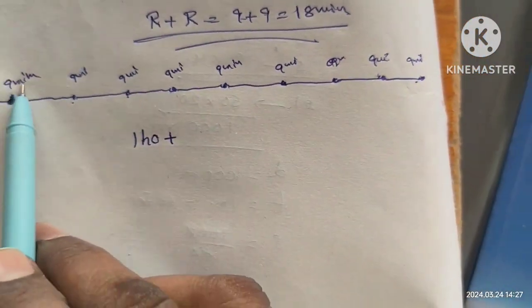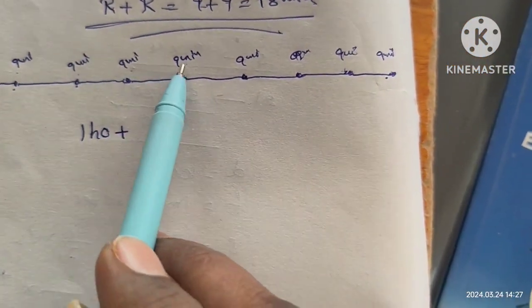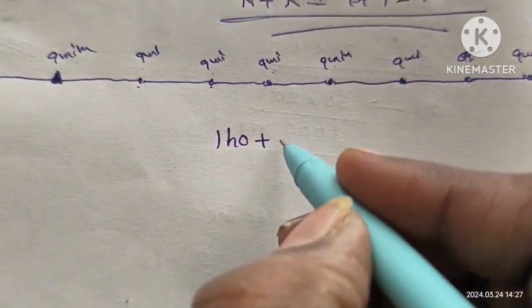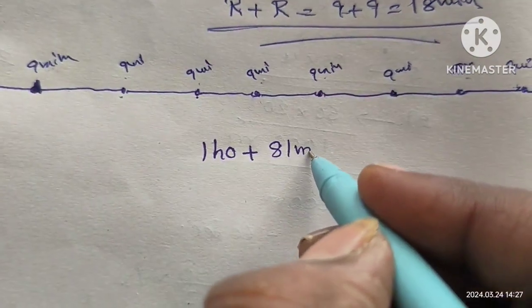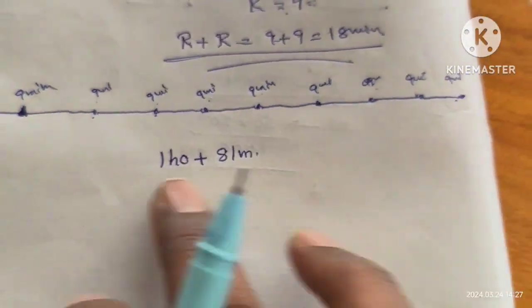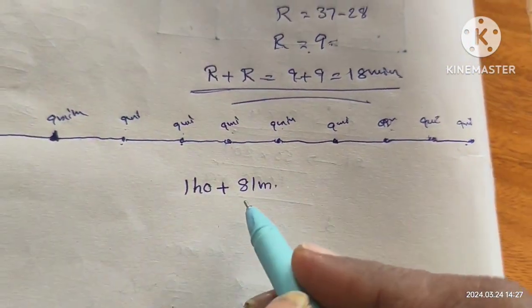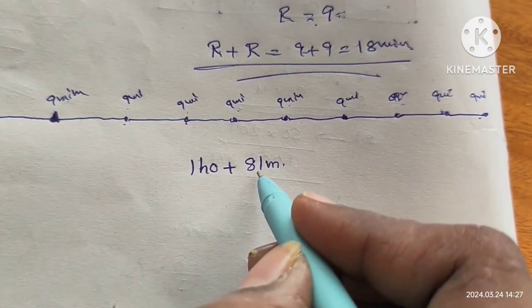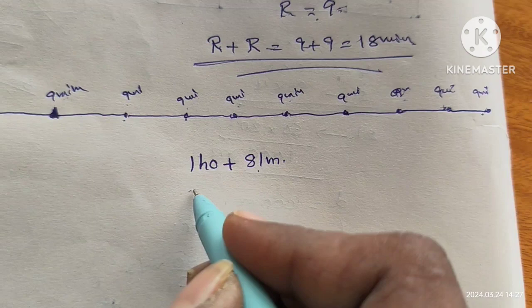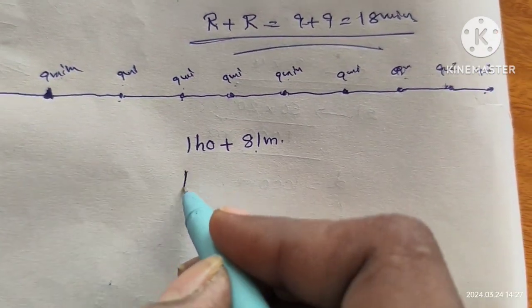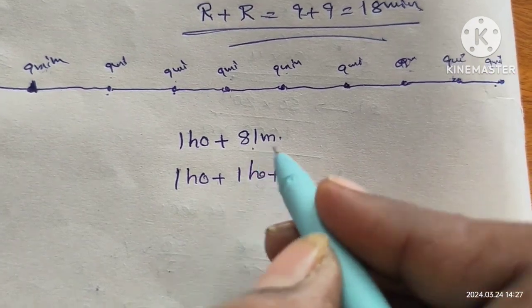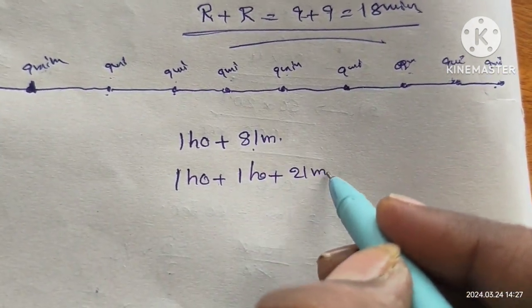So totally 1, 2, 3, 4, 5, 6, 7, 8, 9. 9 nines are 81 minutes he took rest to travel 9 kilometers. 81 minutes, and you already know that 60 minutes equal 1 hour. So 1 hour plus 1 hour plus remaining 21 minutes.